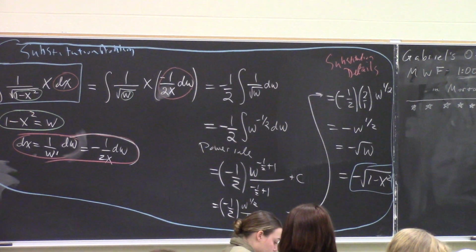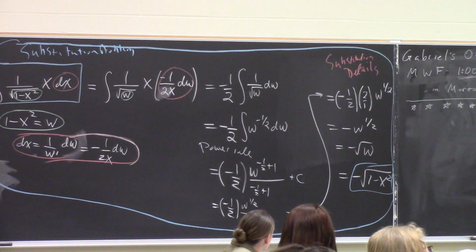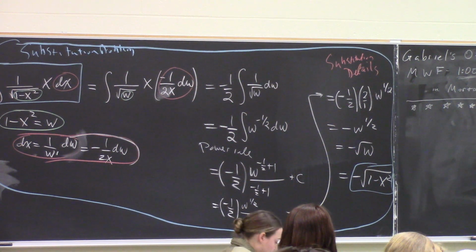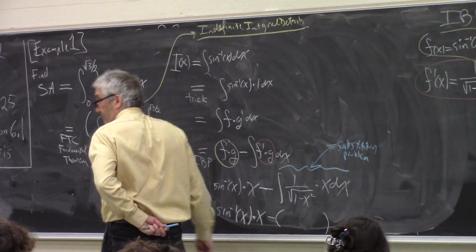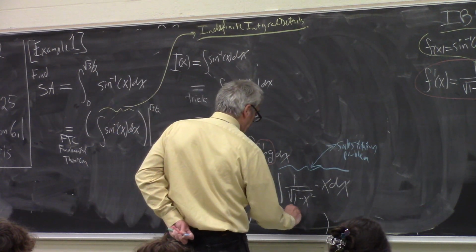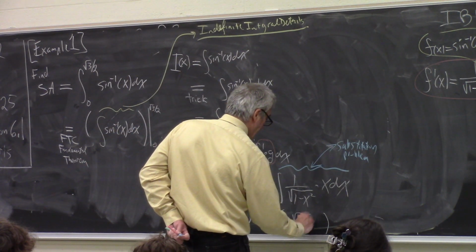So the result of that blue integral is going to go here. So I have sine inverse of x times x minus, you got to keep track of your minus signs, minus a minus square root of 1 minus x squared.